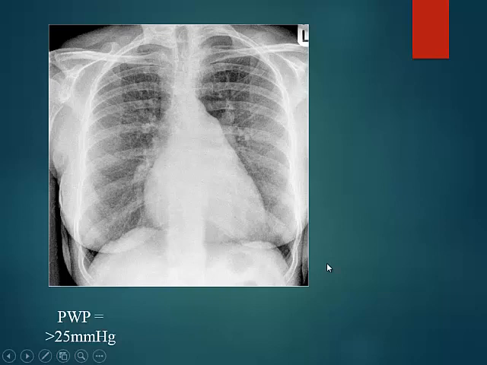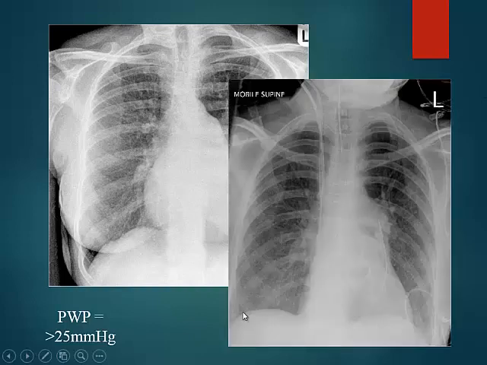Now, what is the other sign you are seeing here? The heart is large, and there is prominence of the main pulmonary artery. This can be large in young females normally also, but I must say this is quite large, and the heart size is increased.